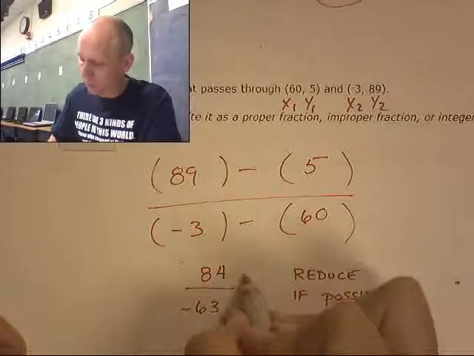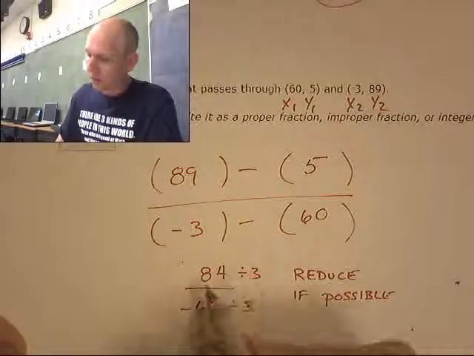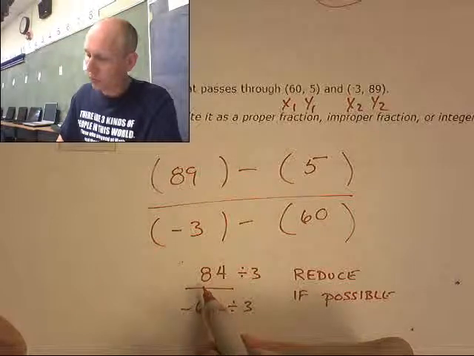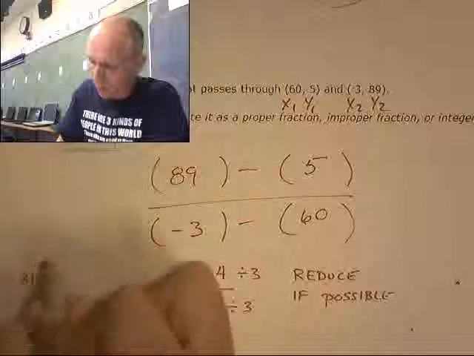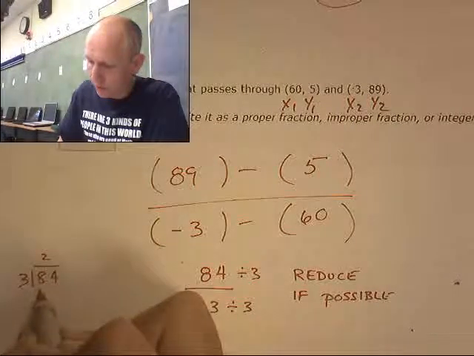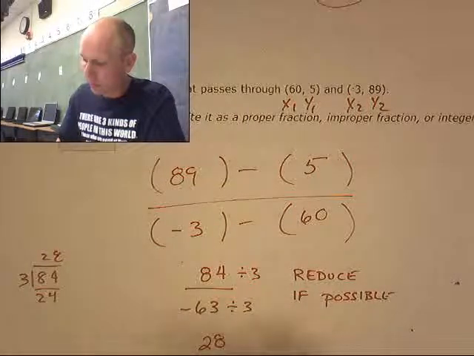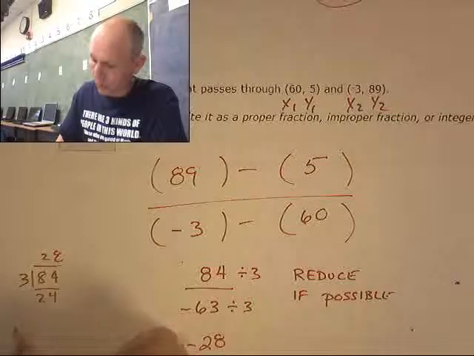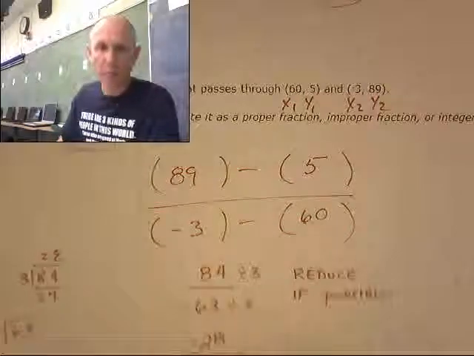This reduces by 3, doesn't it? 3 goes into that 28 times. 84, 3, 2, 6, 2, 4. Okay, so this turns into 28 over 21.